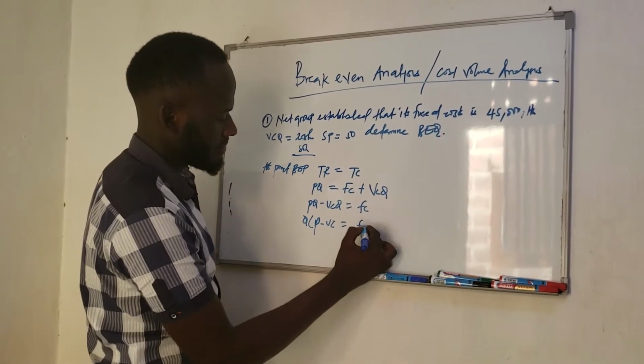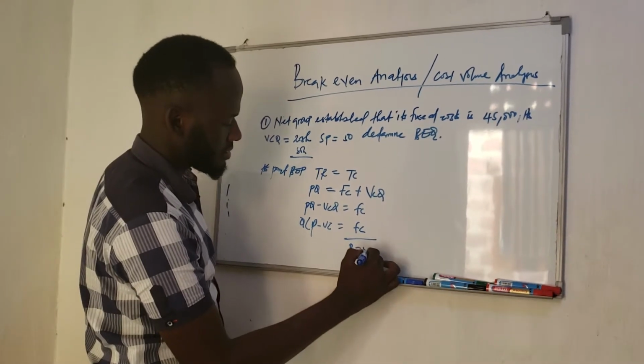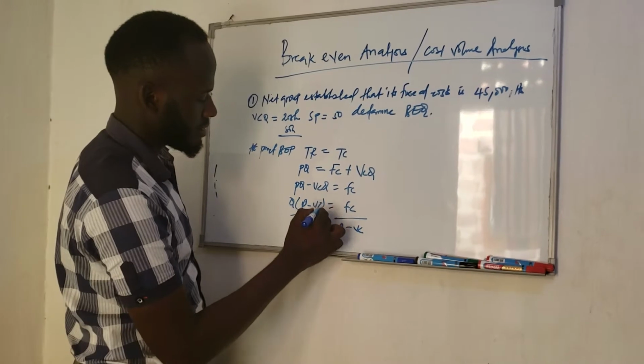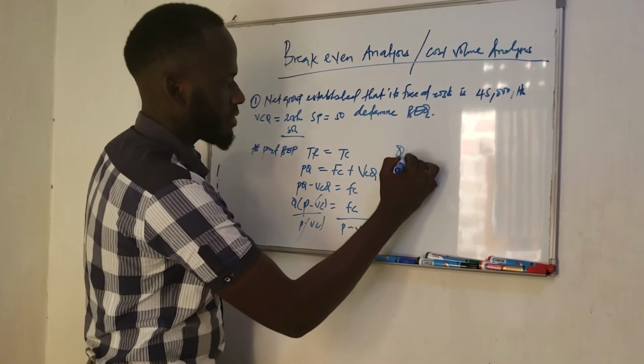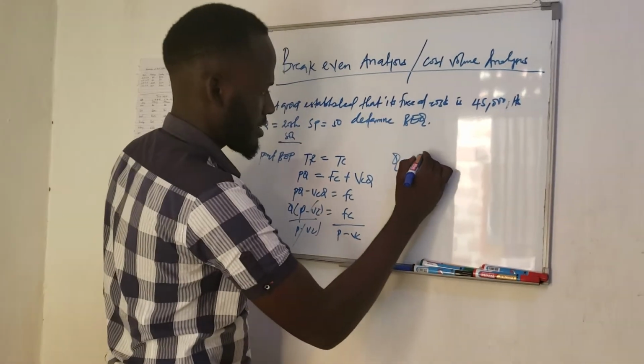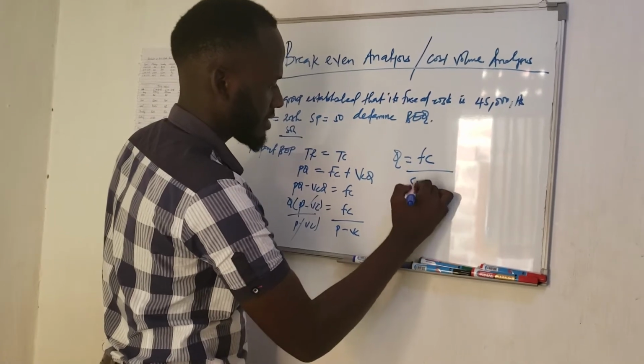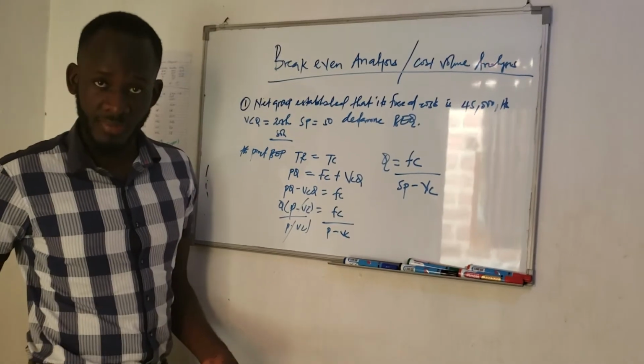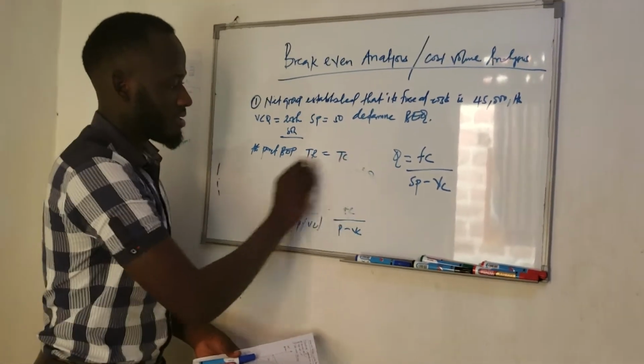So this gives us Q is equal to FC over P minus variable cost. P minus VC cancels. We shall have our quantity as FC over selling price minus variable cost. So this is our equation that we shall use in this question.